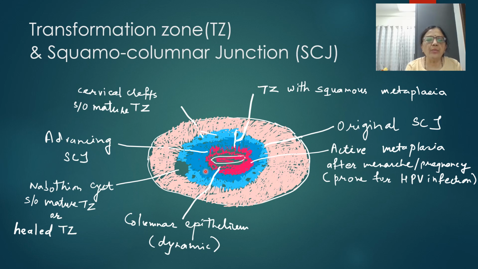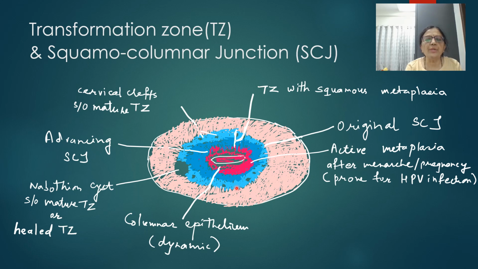Then again active metaplasia will take place, and again this advancing squamocolumnar junction will approach nearer the external os. So this process goes on continuously throughout the reproductive life. Nabothian cysts suggest a mature transformation zone, and another terminology for mature transformation zone is healed transformation zone.